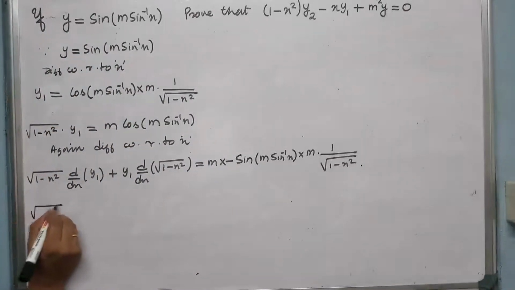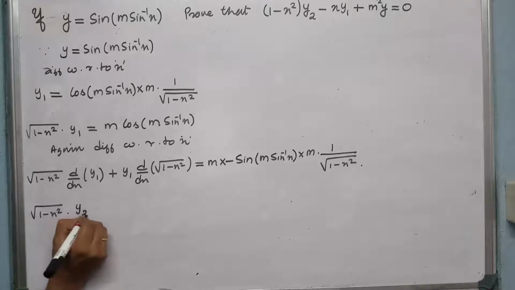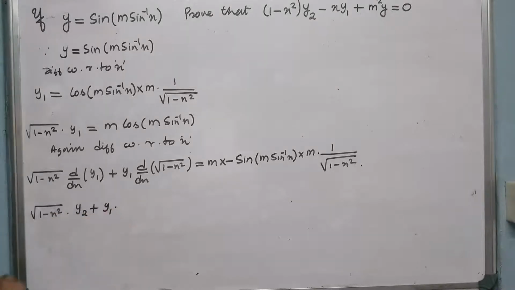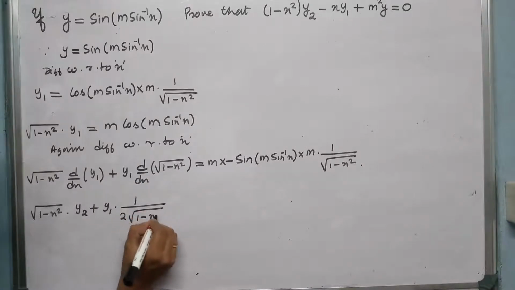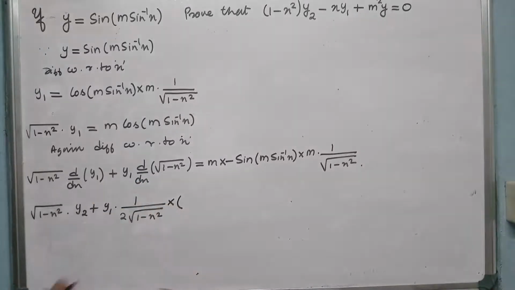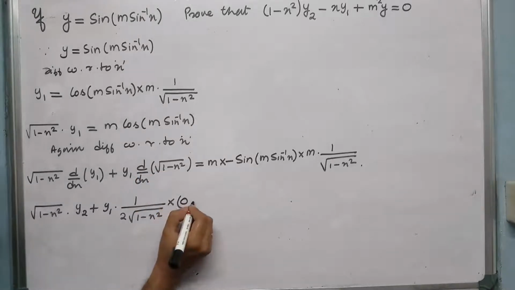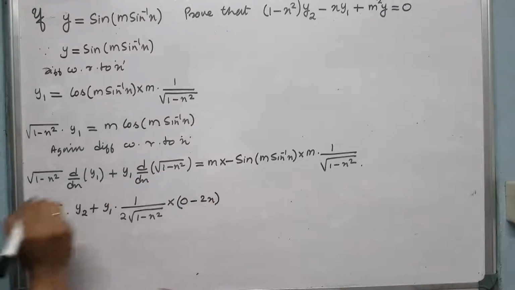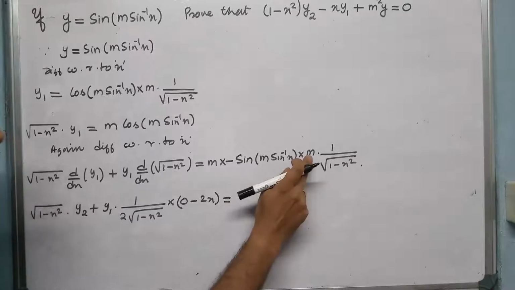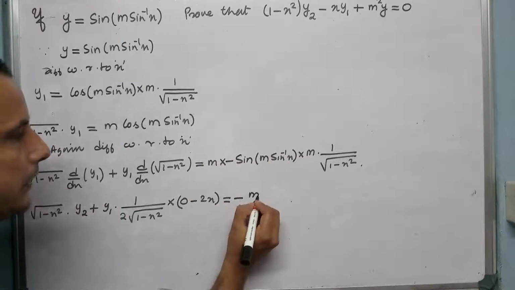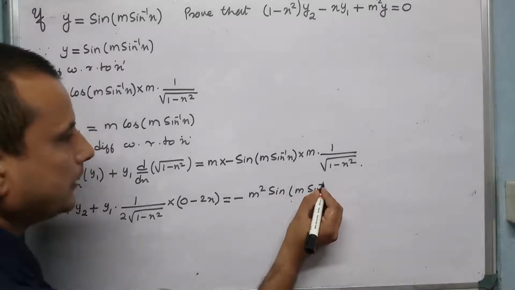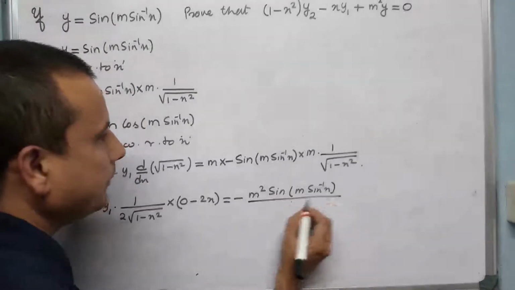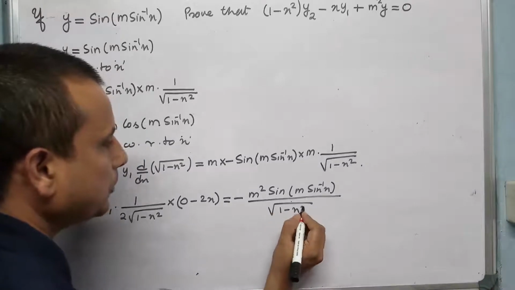So m squared will be minus m square sine of m sine inverse x divided by under root 1 minus x square.